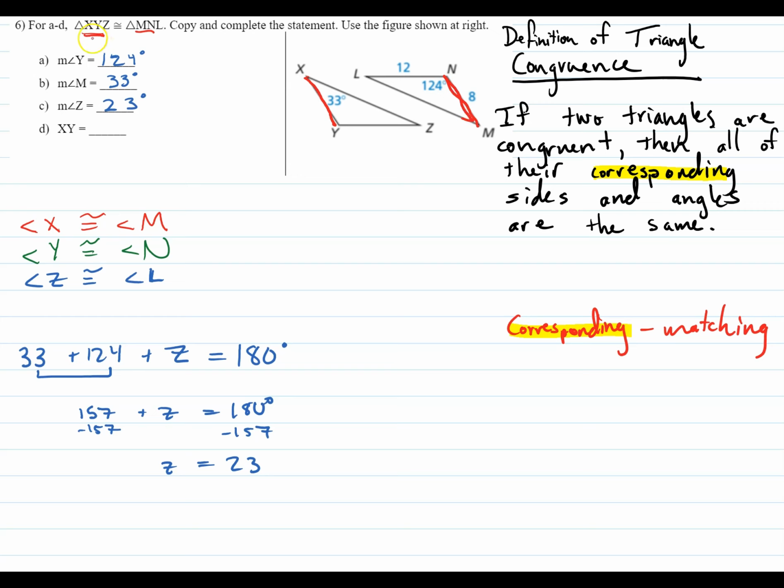So because of the ordering of the letters, XY is congruent to side MN. Now because side MN is 8, side XY is 8, because they're matching, due to definition of congruence. So there's your answers. Number 6 is done.